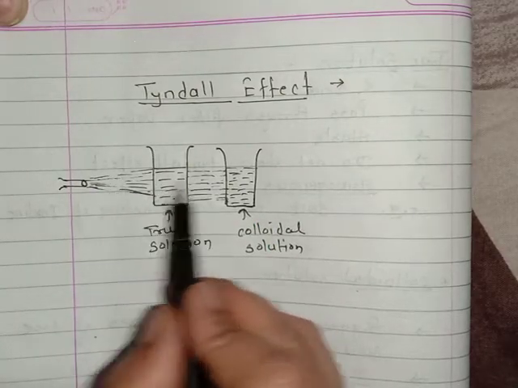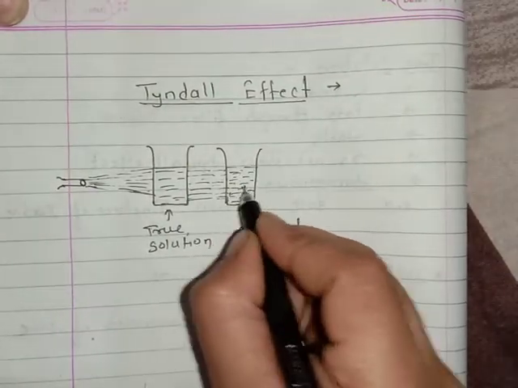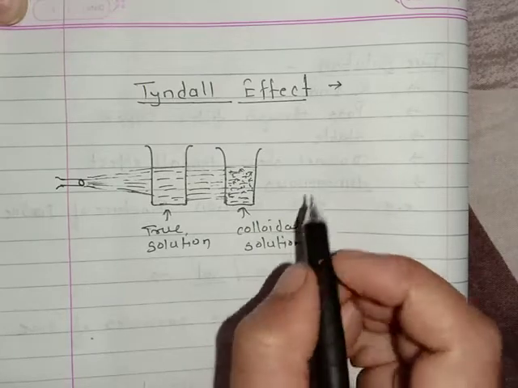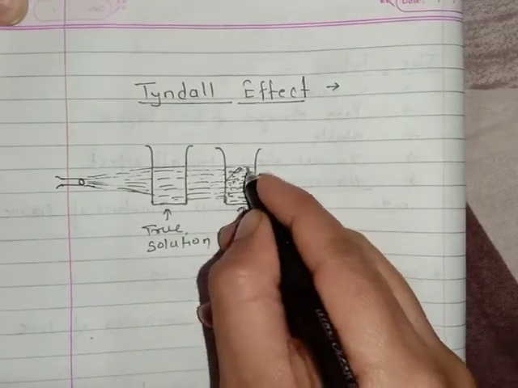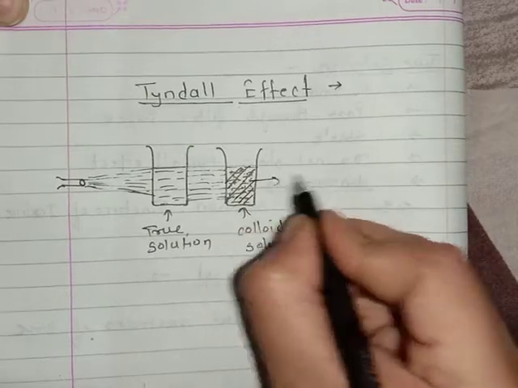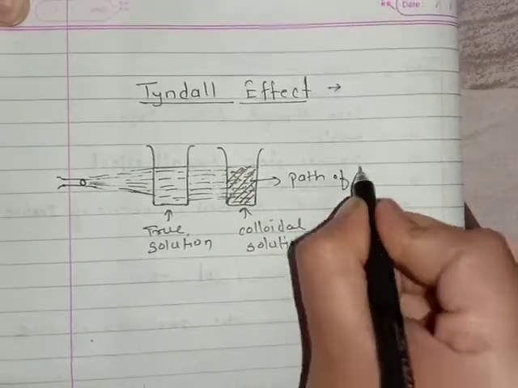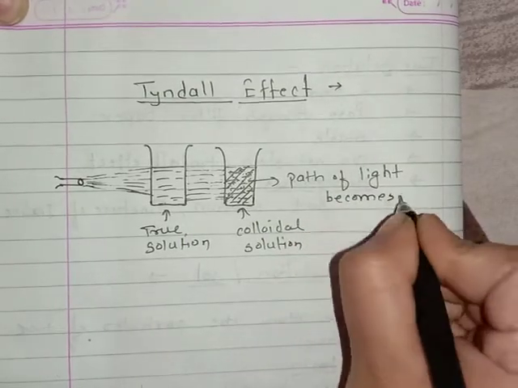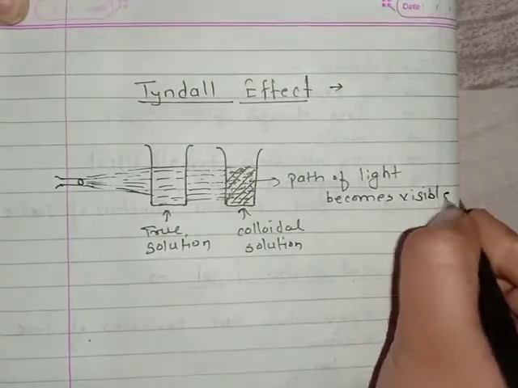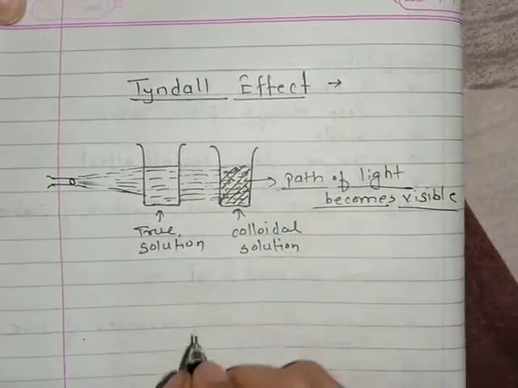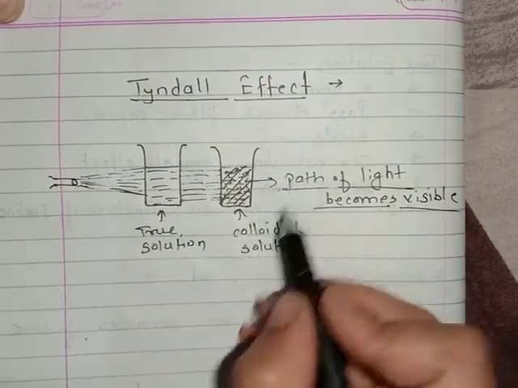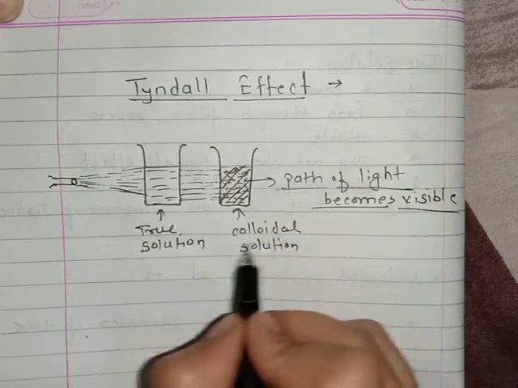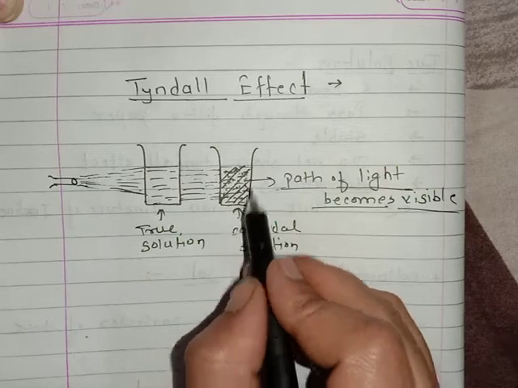But in colloids the particles are bigger enough to scatter the beam of light, and as the beam of light is scattered, it makes the path of light visible here, children. This property is known as Tyndall effect. So colloids show Tyndall effect, and hence light will not pass through colloids because it gets scattered by the particles of colloidal solution.